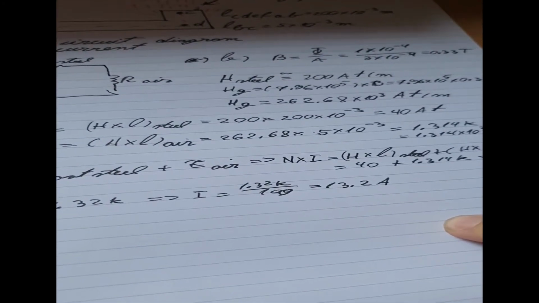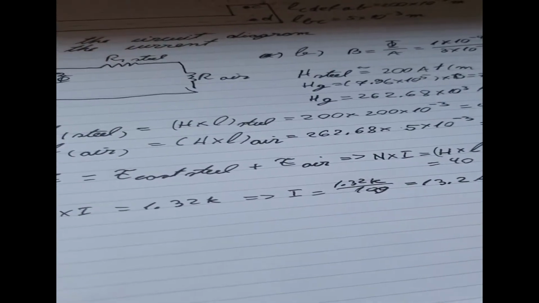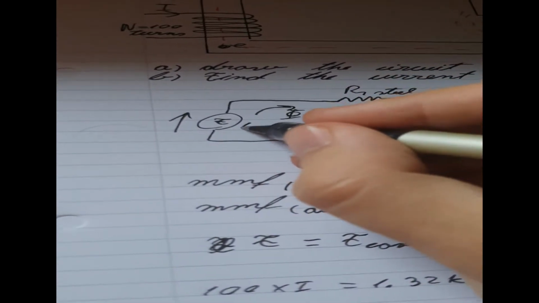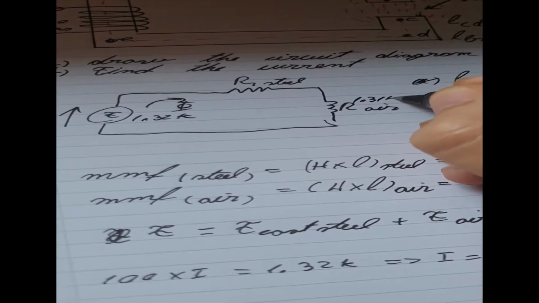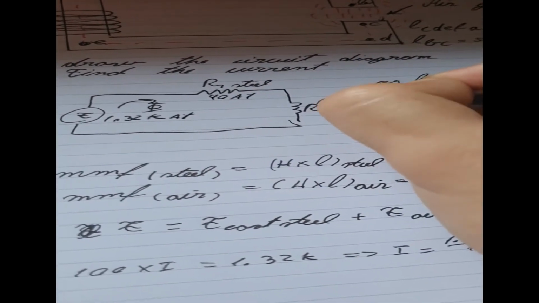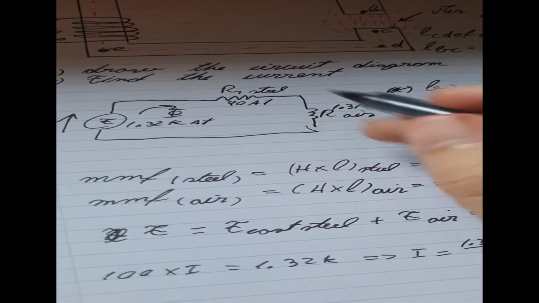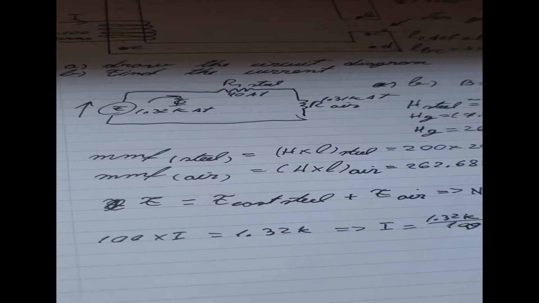This one will be equal to 1.32K, this one will be equal to 1.31K, and this one will be equal to 40 AT. You can write it like that as well if you want to write inside the circuit. They didn't really mention it, because once you find the current, you don't really care about the values inside of it, and this one is more of a representation of this magnetic circuit here.